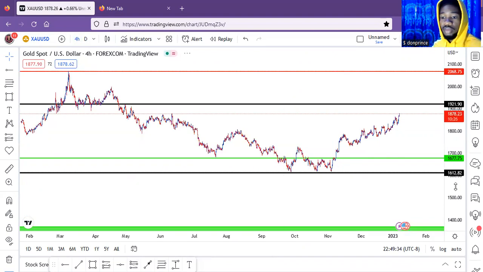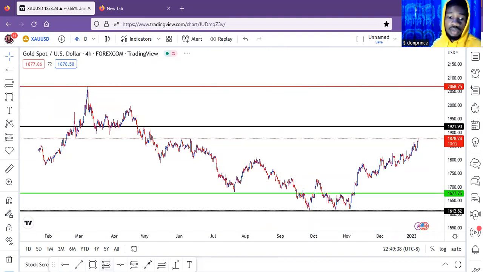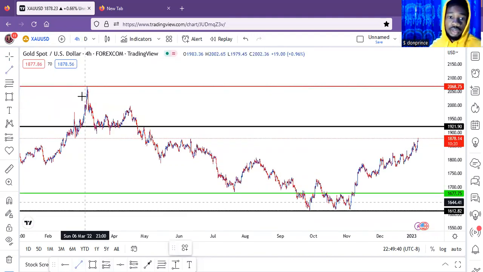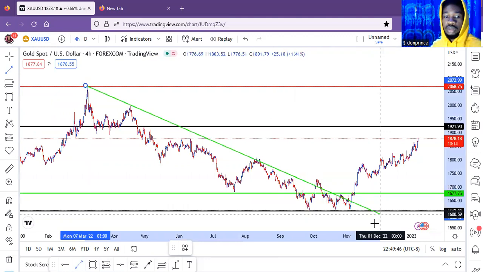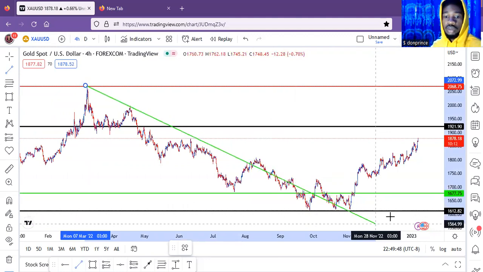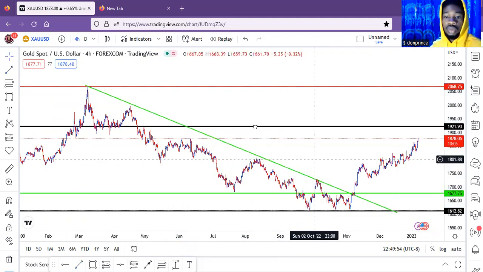For the H4 time frame, this was kind of a downtrend. This was the downtrend. This was the first touch. This was the second downtrend touch, and this was the third. So keep it at this low.